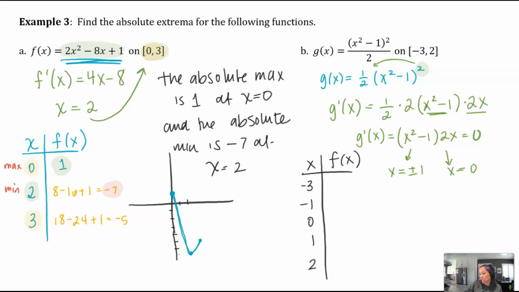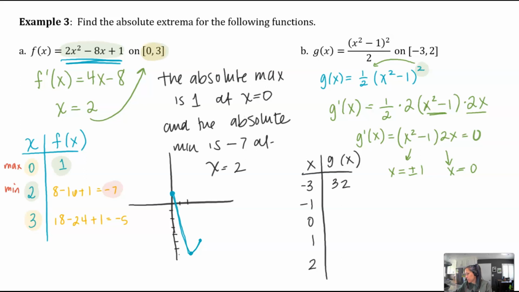And then we need to figure out what each of these things are in the original. Oops, I put f of x, but it's a g of x. In the original function, not our derivative. All right, so -3 squared is 9. Oh, I'm already hating life. -3 squared is 9. 9 minus 1 is 8. 64 divided by 2, this is 32.